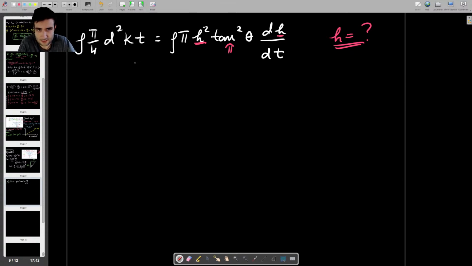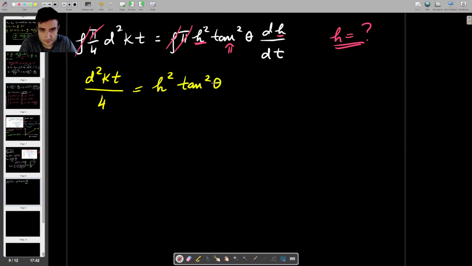So let's cancel out a couple of things. The densities cancel out, and I think the pi cancels out as well. So on the left I have d squared kt divided by 4, and on the right I have h squared, tan squared theta, dh by dt.